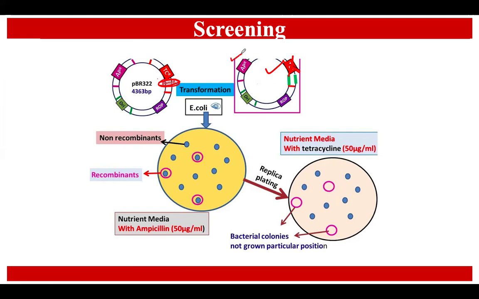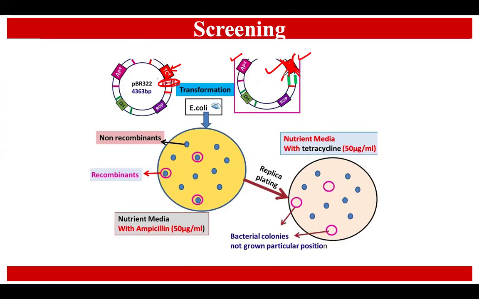Because the ampicillin resistance gene and the tetracycline resistance gene were providing resistance to these antibiotics. But just because we added the gene of interest into the tetracycline resistance gene, this plasmid is no more able to perform its resistance towards tetracycline. It is only resistant to ampicillin.